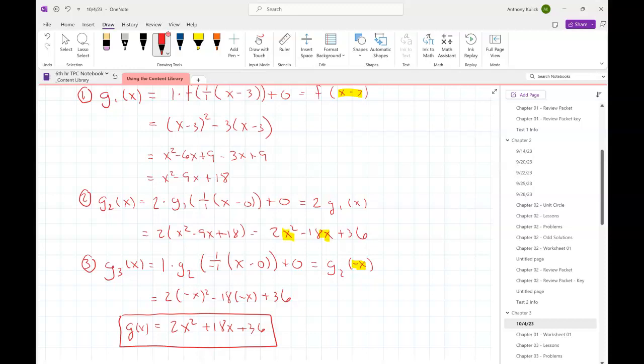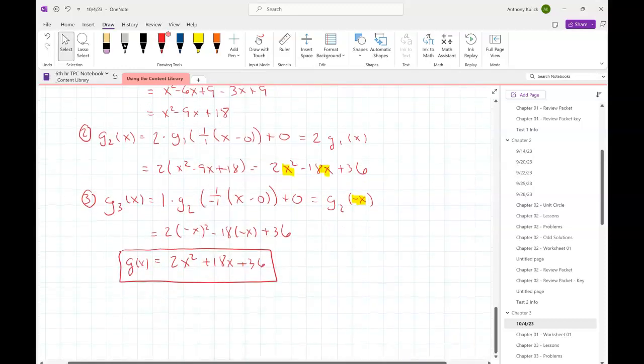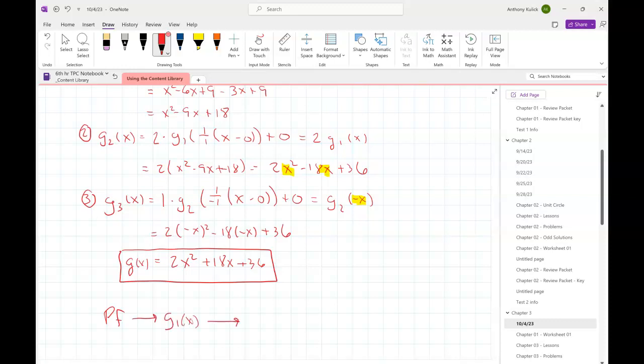And then you plug those into the formula and do the simplification to the previous function. So basically what we did here is we went parent function to g1 of x, to g2 of x, to g3 of x. So transformation 1, 2, 3, and that was our final answer.